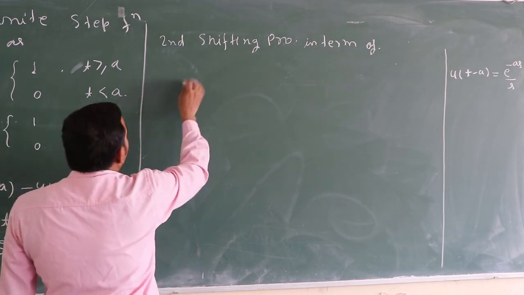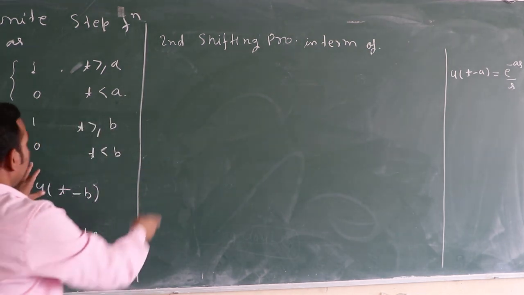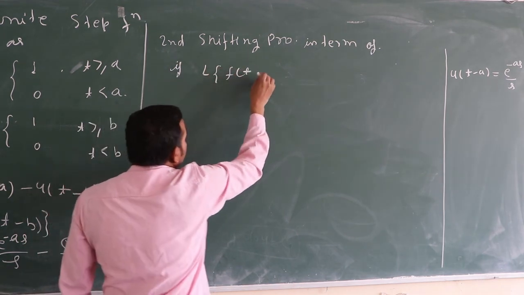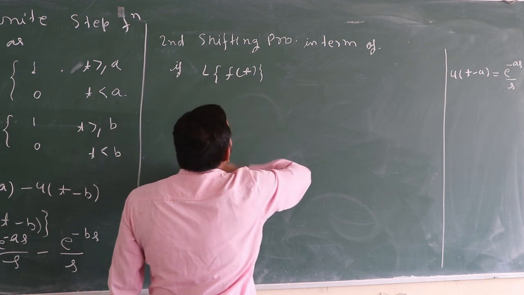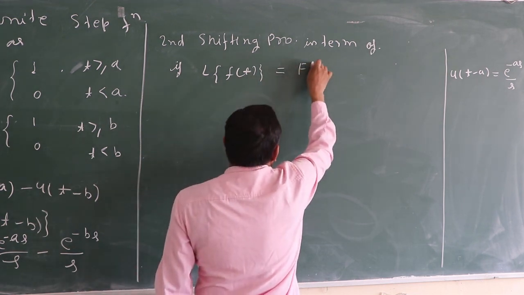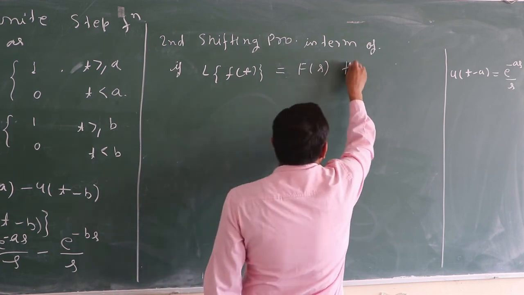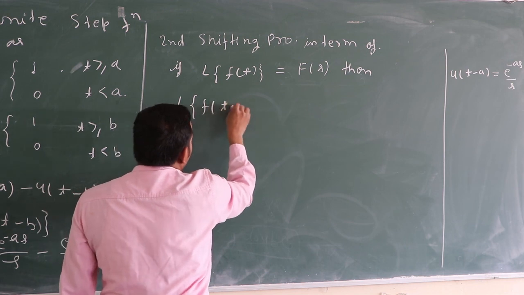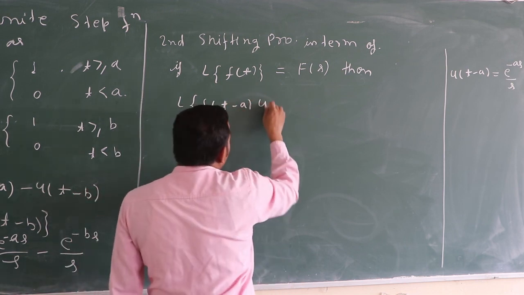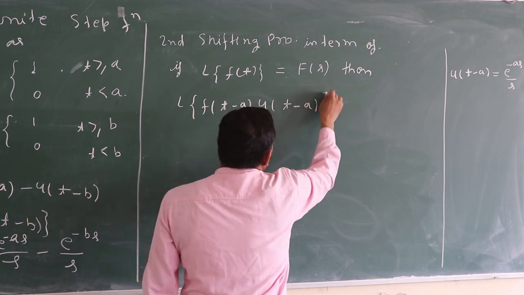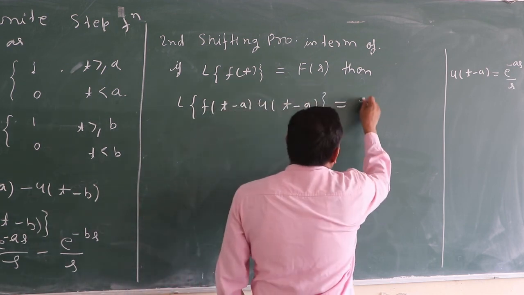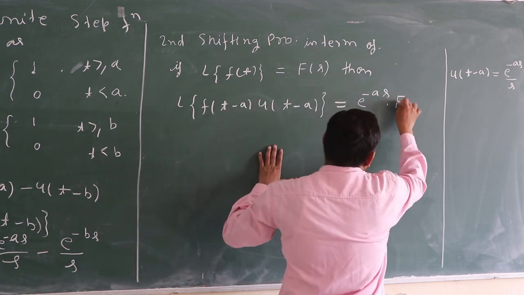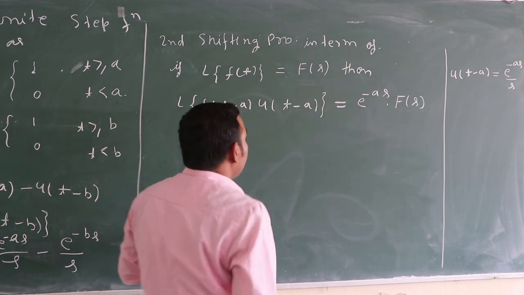So if Laplace of f(t) equals F(s), then Laplace of f(t minus a) u(t minus a) equals e to the power minus as times Laplace of f(t), that is F(s). So how do we prove this?